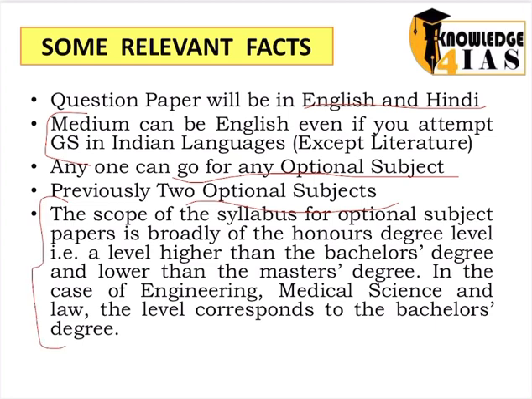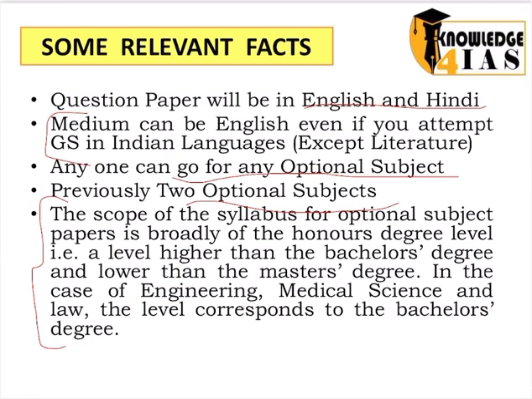Then let us see how difficult is the syllabus of this optional paper. What UPSC writes is that the scope of the syllabus for optional paper is broadly of the honors level, that is a level higher than the bachelor's degree and lower than the master's degree. In the case of engineering, medical science and law, the level corresponds to the bachelor's degree. So you can see that the difficulty level of optional paper is more in comparison to GS paper, and UPSC clearly writes that the paper will go higher than that of your graduation level.